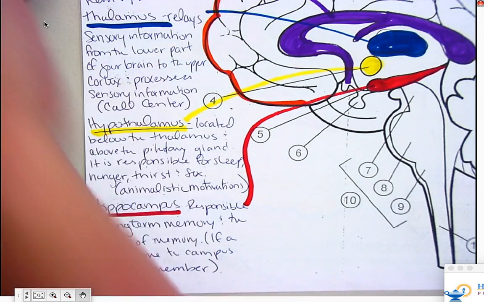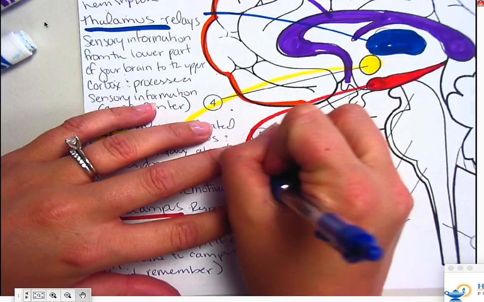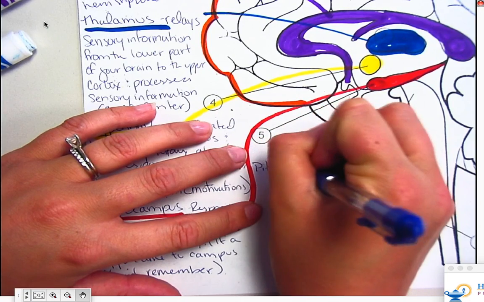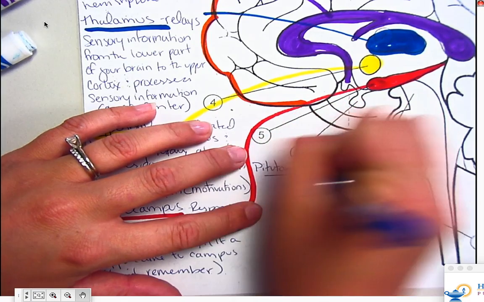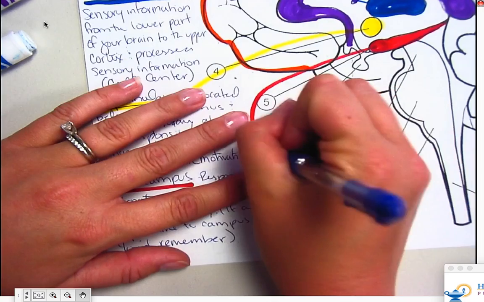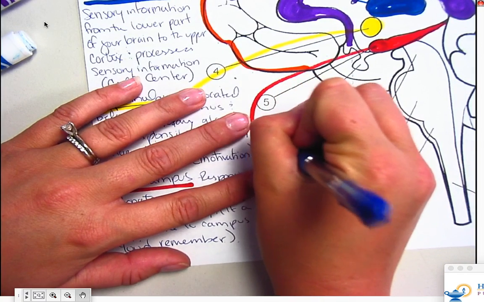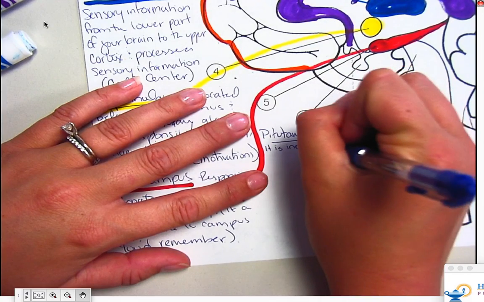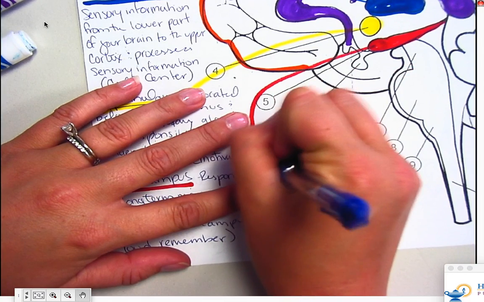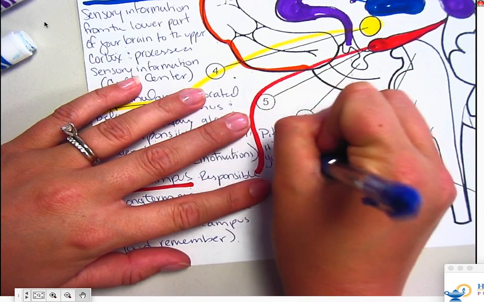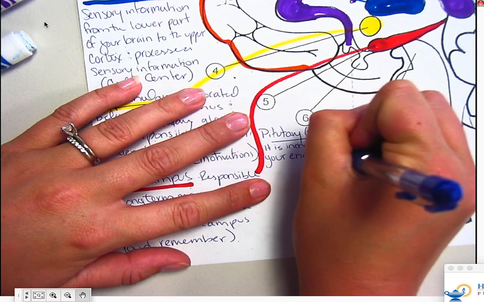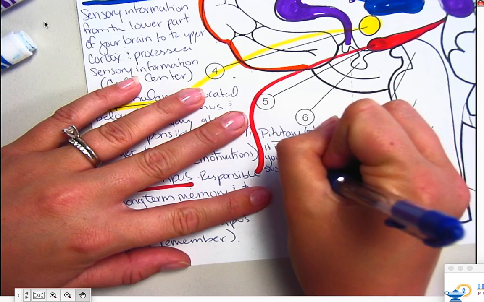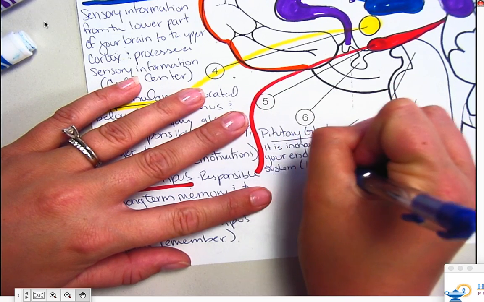Alright, next is going to be your pituitary gland. Now your pituitary gland is in charge of your endocrine system. In parentheses, it releases hormones.